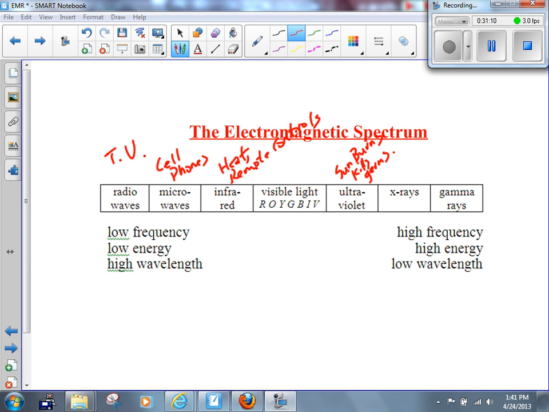Well, X-rays penetrate more. So if you have X-rays shining on, let's say, a person, it's not going to reflect off of their skin, it's going to reflect off of their bones. So when it gets detected by that CCD detector in the back of your camera, for lack of a better term, you don't see the person's skin, you see the person's bones. You see inside things because of the high penetrating power of X-rays.